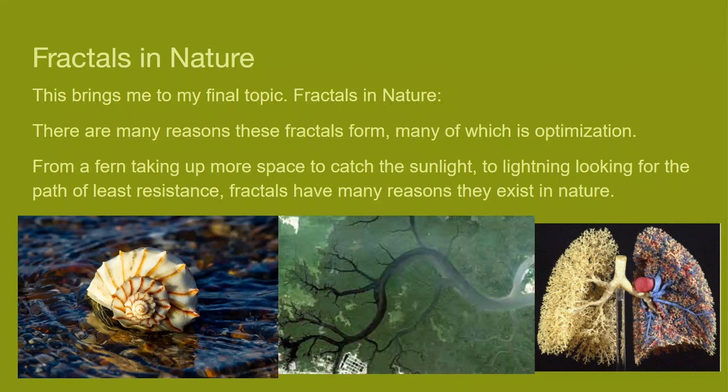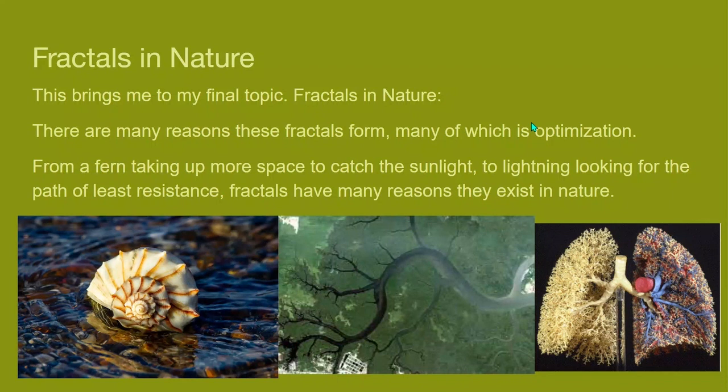Now, there's not necessarily one known reason for fractals to exist in nature, but one of the common theories is that they exist to take up more space. For example, if you were a fern, you would want to use fractals so that you can create more space to take up more sunlight. Or if you're lightning, for example, which we're going to see on another slide, it breaks off into fractals looking for places of the least resistance.